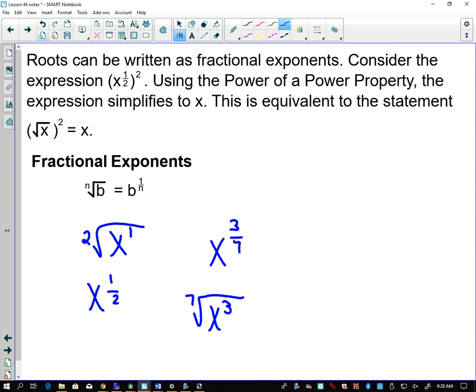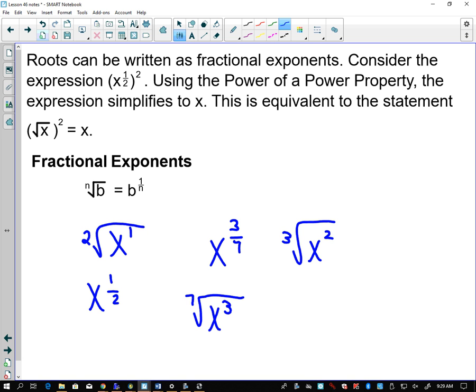All right, do we want to try another one? Yeah. Let's go back the other way for a second. Let's say we had the cube root of x squared.